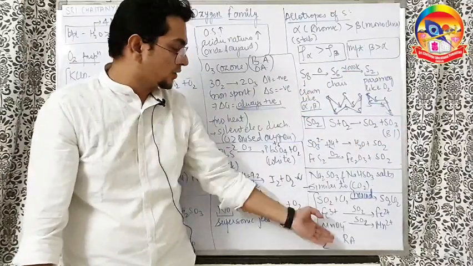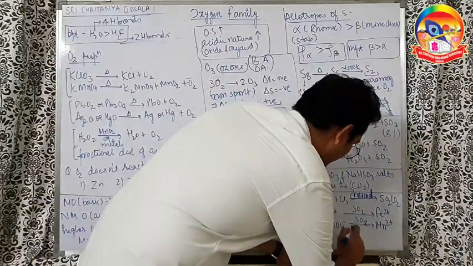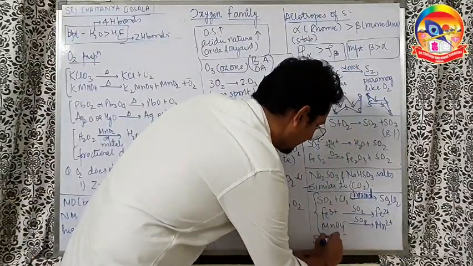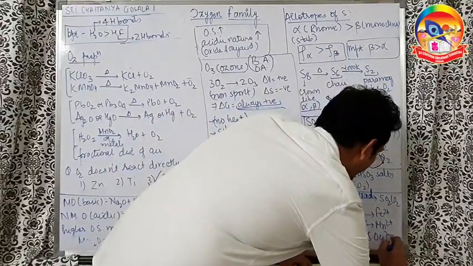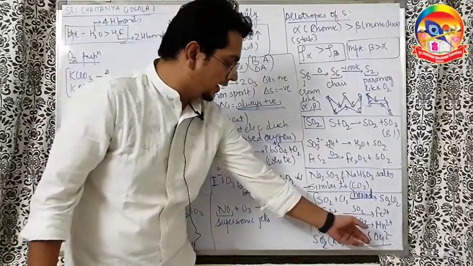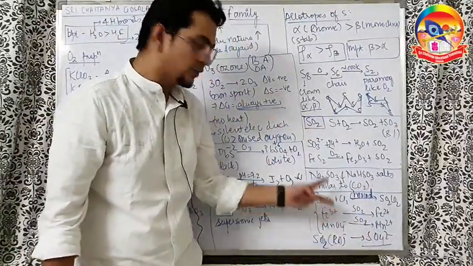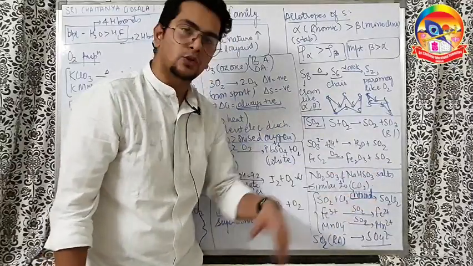So MnO4- oxidizes SO2, and when SO2 acts like a reducing agent, the byproduct is sulfate, SO4 2-. So sulfur goes from +4 to +6, and it reduces only two species, Fe3+ to Fe2+ and MnO4- to Mn2+.